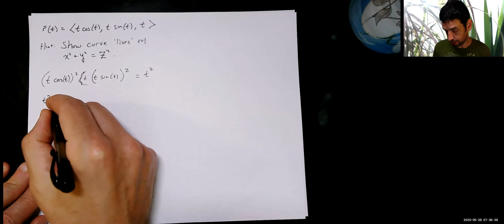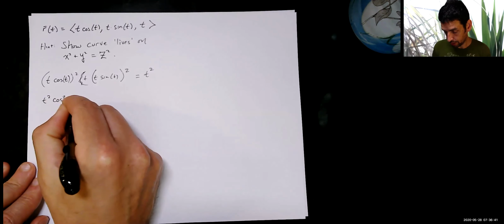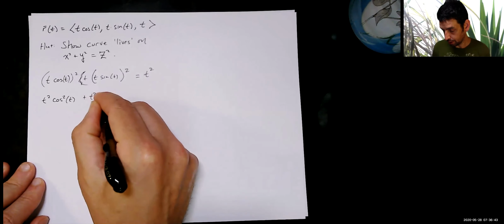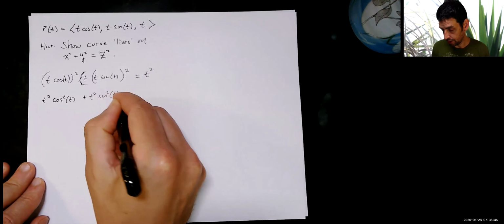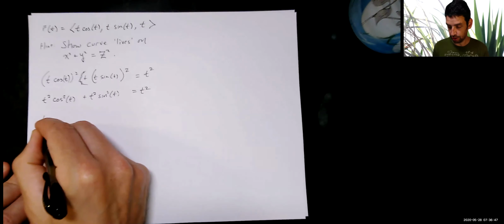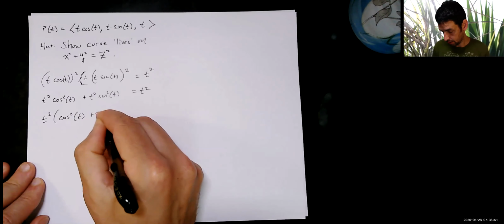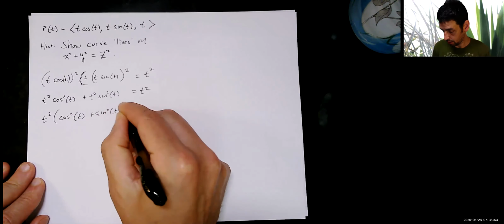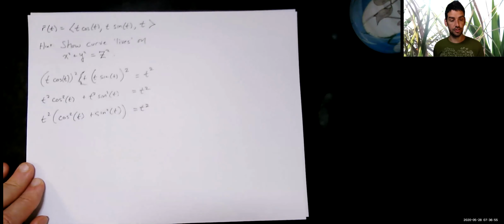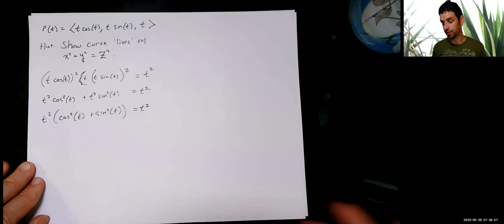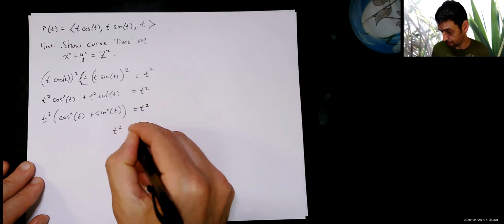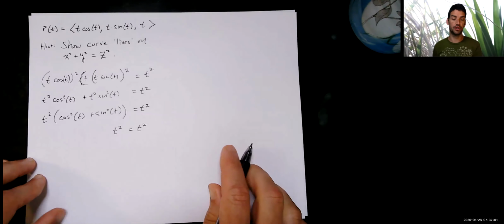So let's do a little bit of algebra. We get t squared cosine squared t plus t squared sine squared t equals t squared. We can factor out t squared, and of course cosine squared plus sine squared is just 1, so we end up with t squared equals t squared, which is true.